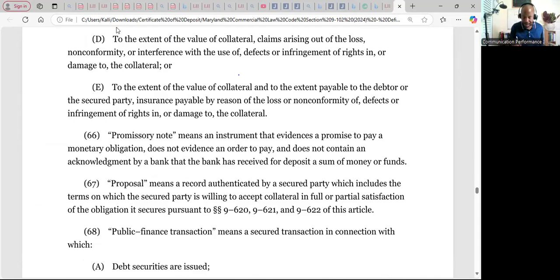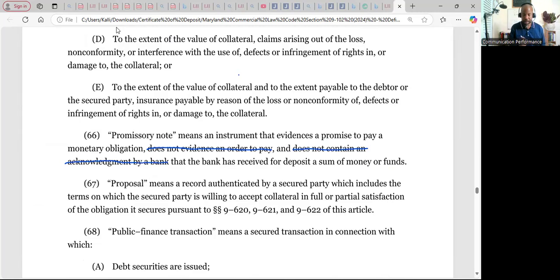Now it says it does not evidence an order to pay. The reason why it doesn't evidence an order to pay is because it's not a draft, right? So that is just extra language that's just there to confuse you. And then it also says, and does not contain an acknowledgement by the bank that the bank has received for deposit a sum of money or funds. So this is also extra language here, or part of it, when it says does not contain an acknowledgement by a bank.